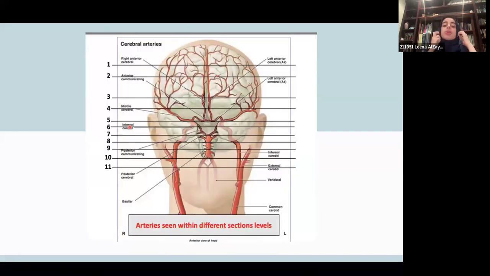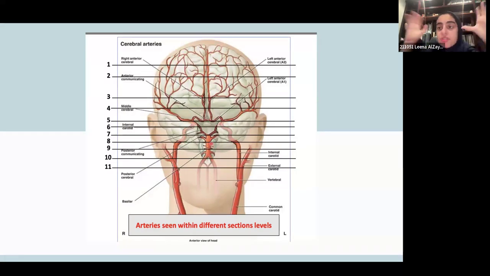This is a similar picture of what we just talked about. I'm going to go over it again. Over here, we have the two vertebral arteries, and they create the anterior and posterior spinal arteries. Then it turns into the basilar artery. And while it is going up as the basilar artery, it gives off the cerebellar arteries: posterior inferior, anterior inferior, and superior.